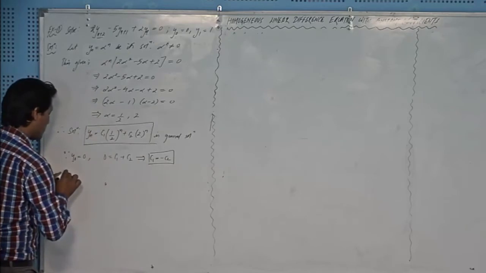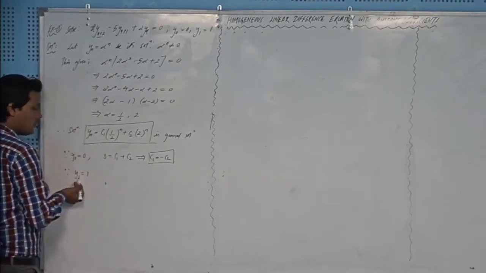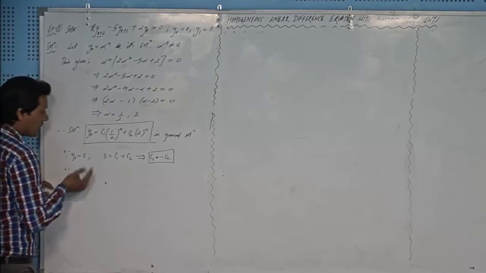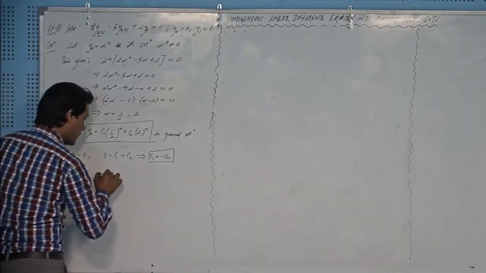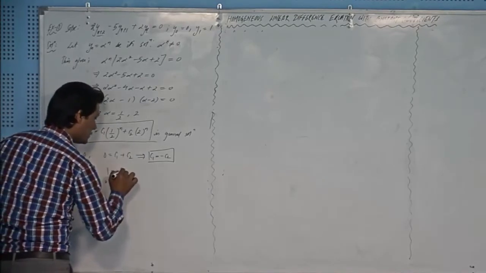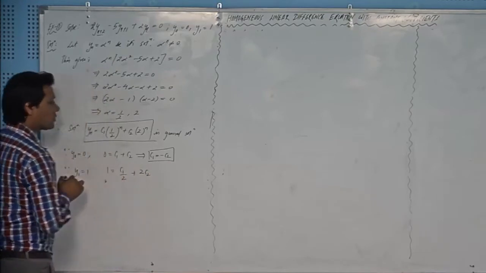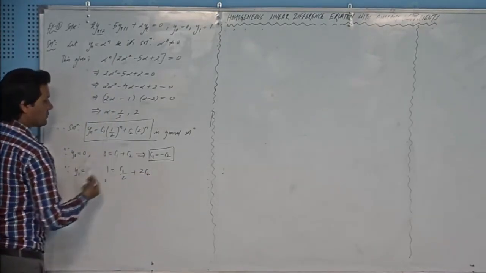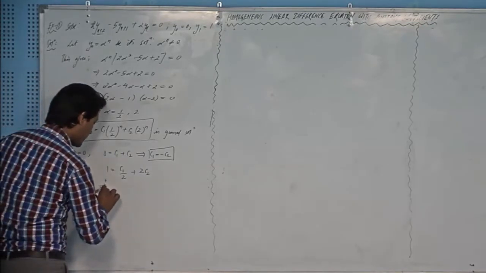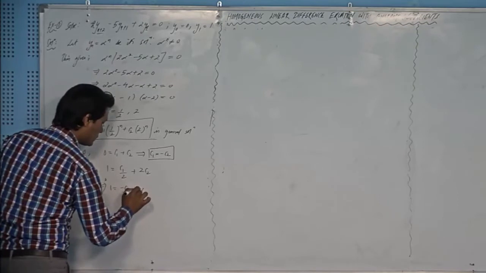Similarly, for the next condition, y1 equal to 1, this time you will put n equal to 1. See the suffix of this y, put n equal to 1 in this equation, you will get y1, and y1 should be equal to 1 equal to c1 into half, and twice of c2. And I will use c1 is equal to minus c2, so that will produce 1 equal to minus c2 by 2 plus 2 c2.